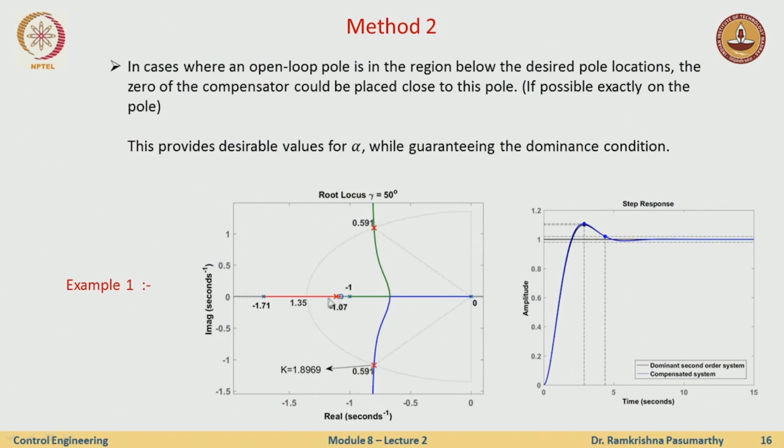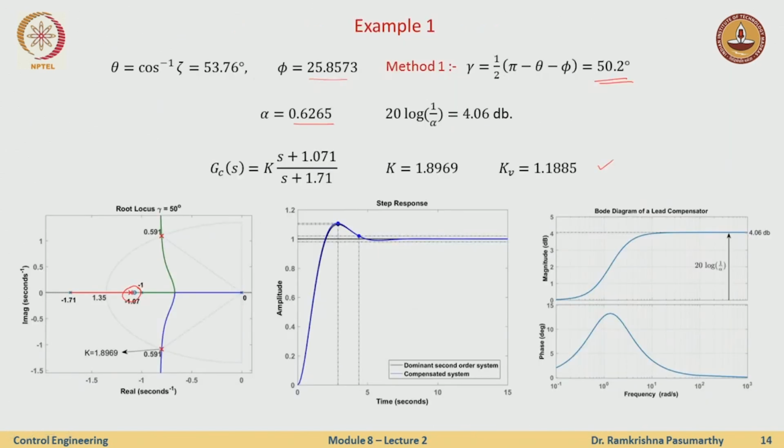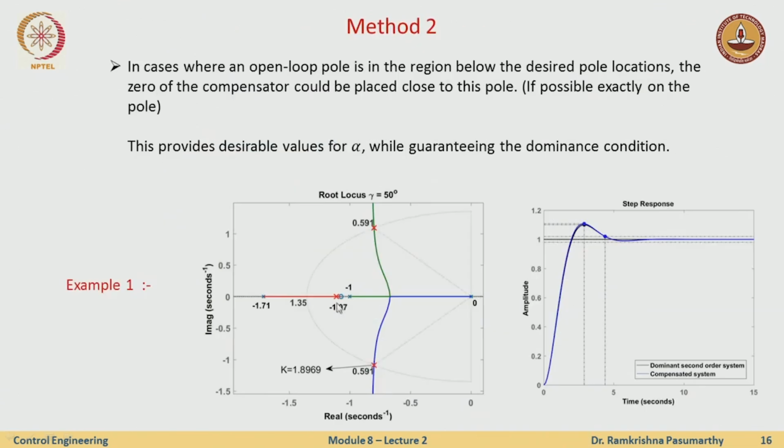Once I know the 0, I can easily calculate where the pole is, just based on the phi or the lead angle which it should contribute. So, this also provides a desirable value of alpha while guaranteeing the dominance condition. In our condition, this is met easily. So, this 0 is placed slightly to the left of this -1. You may even ask why not, instead of 1.07, place it at 0.93.